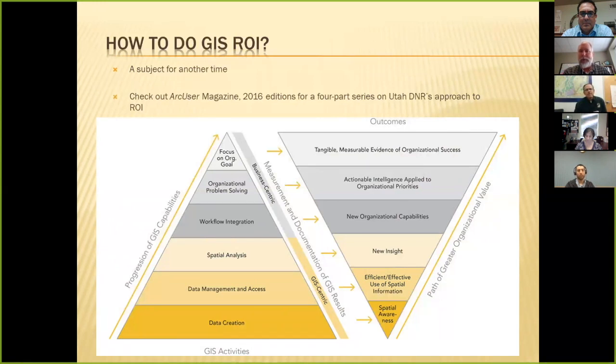So I think the essential thing that I learned was that GIS outcomes and the value that they deliver can only be revealed through the measurement and documentation of GIS results. Otherwise, you are, again, just dealing with a degree of obscurity. You only have a list of things you do.